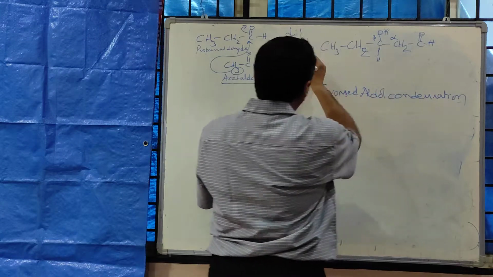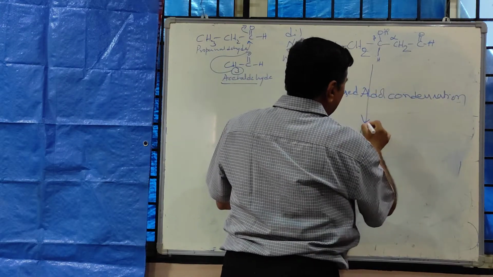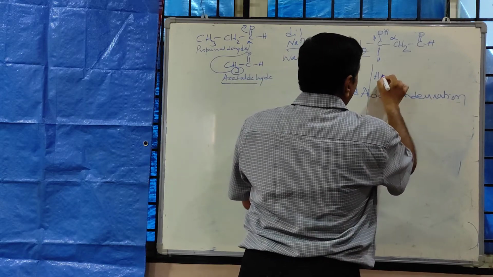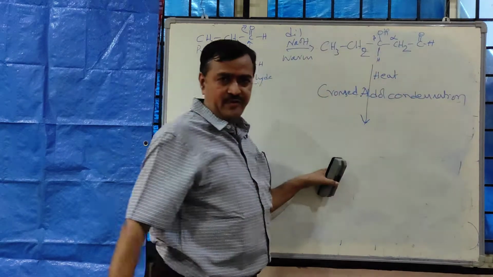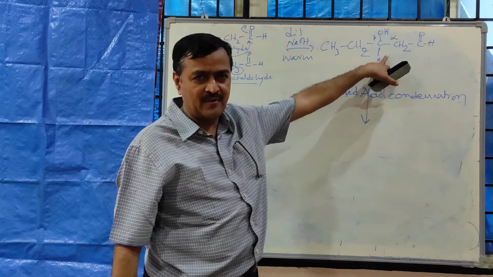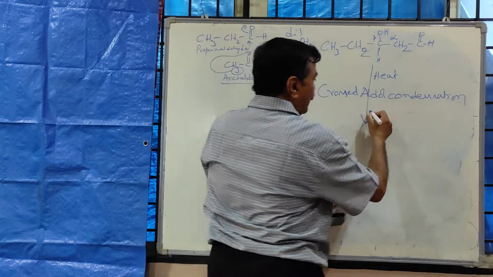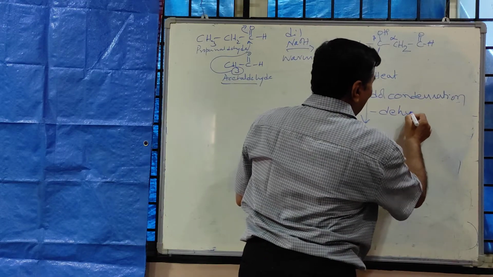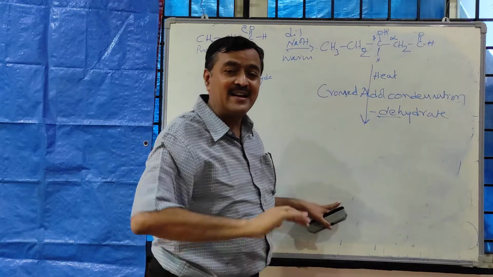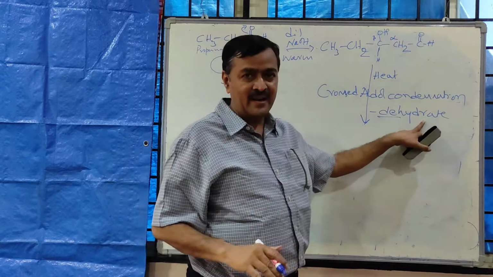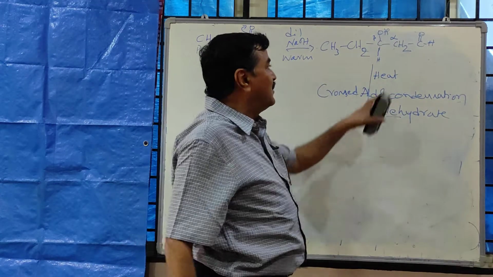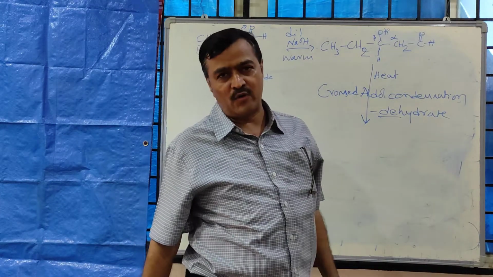If you continue the heating, if you heat it some more time, the beta hydroxyaldehyde that is obtained will undergo dehydration. D for detach, hydrate means water. So it will remove water from this hydroxyaldehyde.